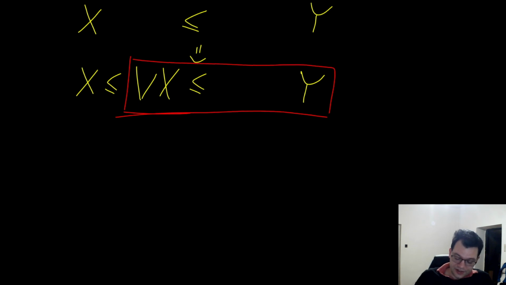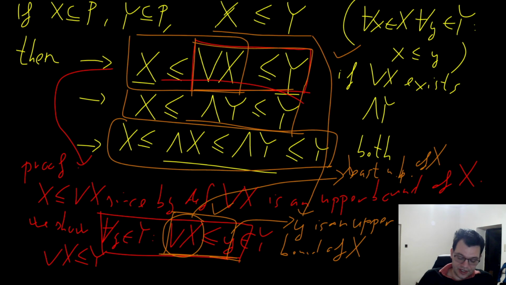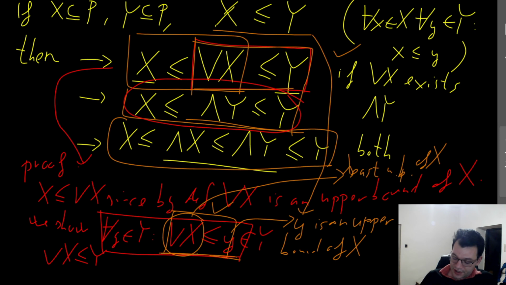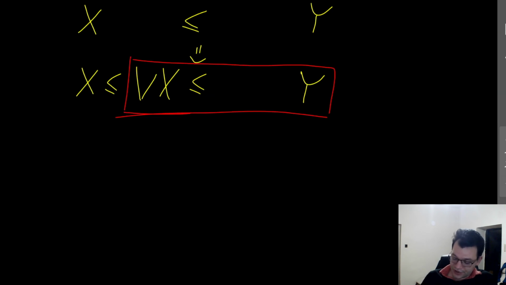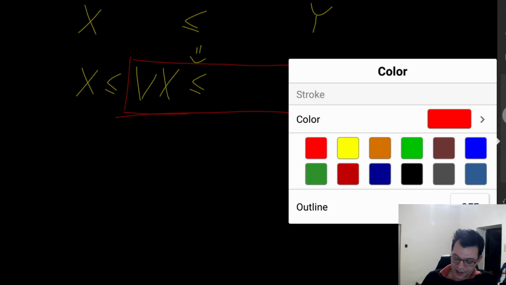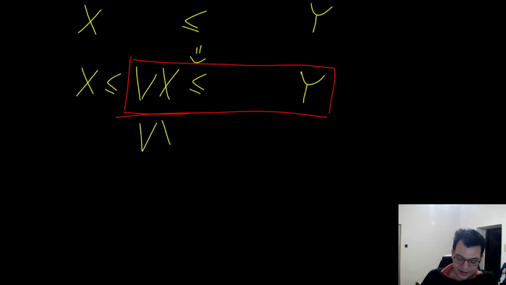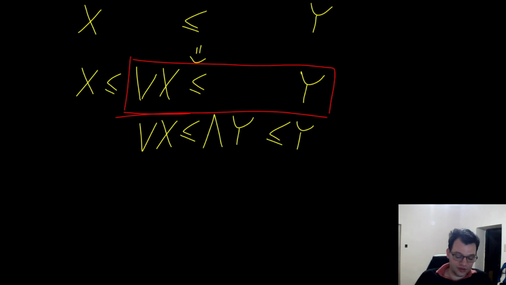If I apply the second one, which says that if I have two sets, then for the larger I can take the infimum and it will fall between these two, which is exactly what I need. So the infimum of Y will be between these two sets, and of course this guy is preserved.